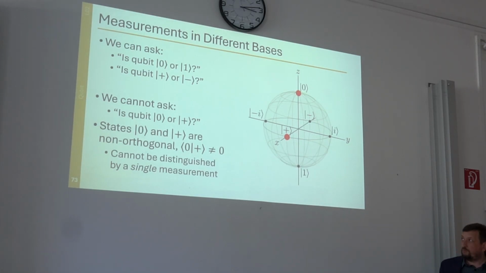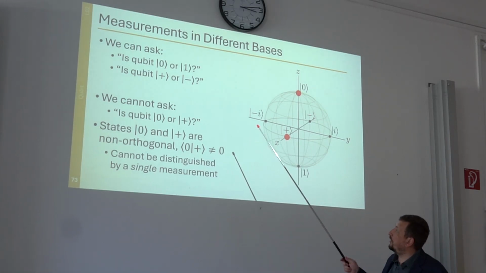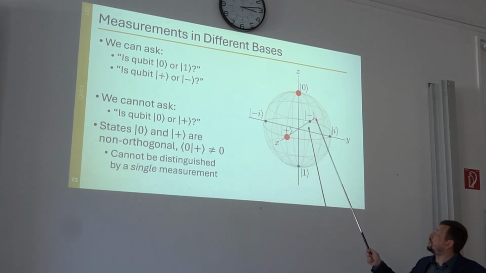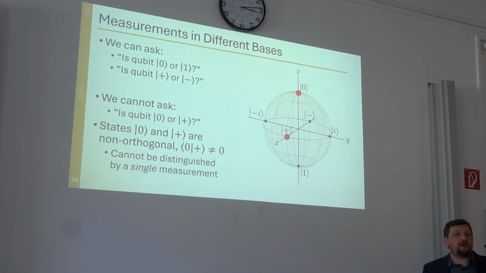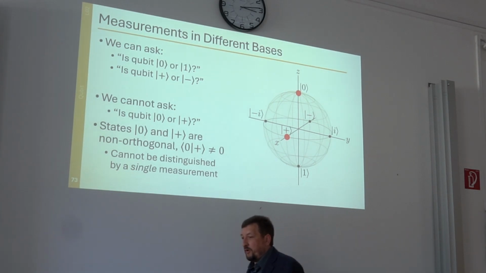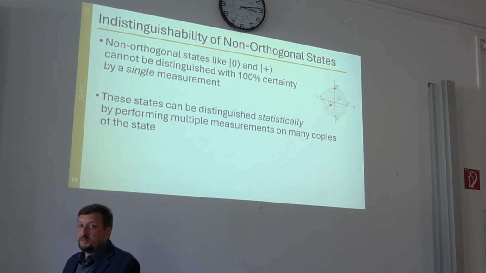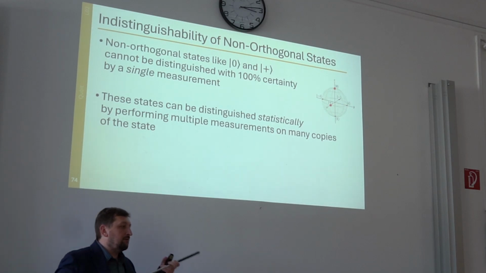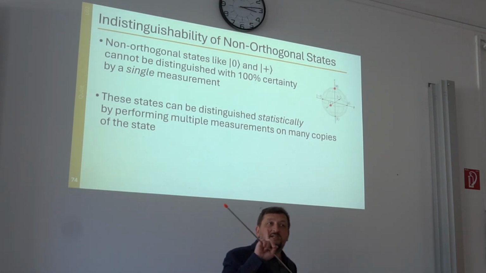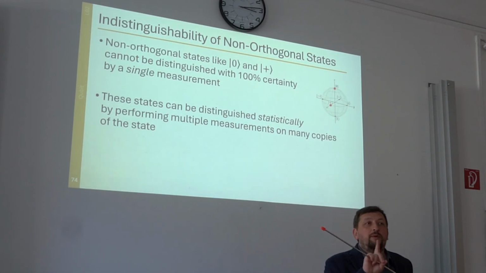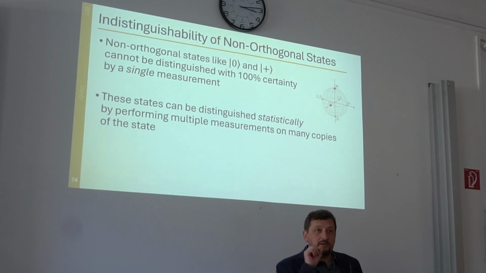So such states cannot be distinguished by quantum measurement. Of course, when we are talking about this distinguishability, if we have a single qubit, say, I prepare a qubit in state 0 or state plus, and give the qubit to you.